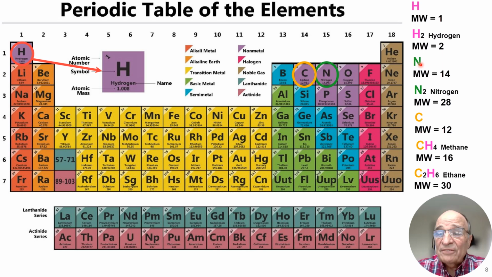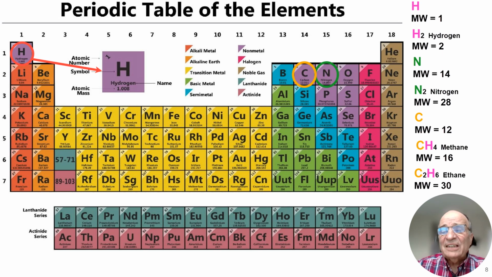Nitrogen is shown on the periodic table as having a molecular mass of 14. We've rounded it off to 14. It's really 14.007. But it's found in nature as a diatomic molecule, so it really has a molecular weight of 28. Now, carbon is just carbon, not diatomic, and that has a molecular weight of 12.